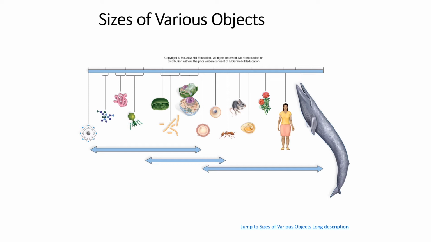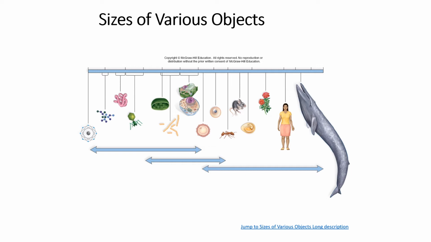Light microscopes don't give you a ton of detail, but they do let you look at the tissue hierarchy and the cell hierarchy. Some organelles you can see, like chloroplasts and nuclei, but other little bits in the cell are hard to identify when you're looking at them with a light microscope.